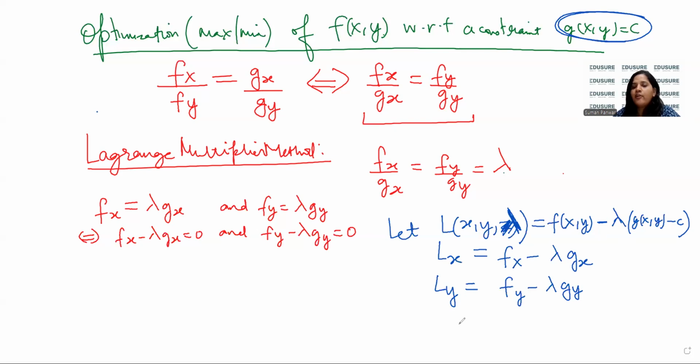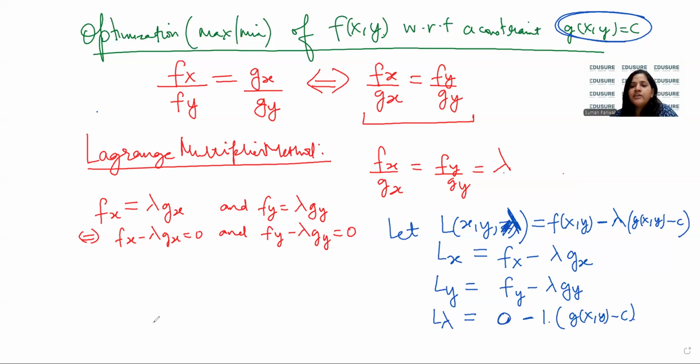Okay, and we will have L lambda. So now we are differentiating with respect to lambda. f is only dependent on x and y, so this is going to be 0 minus the derivative of lambda, which is 1, times (g(x,y) minus c).